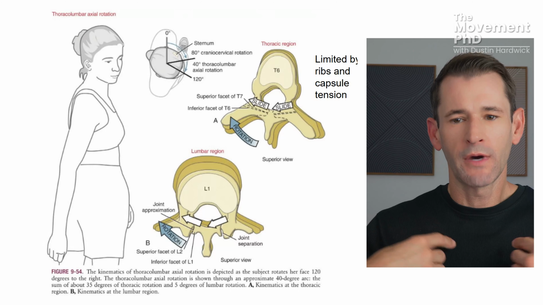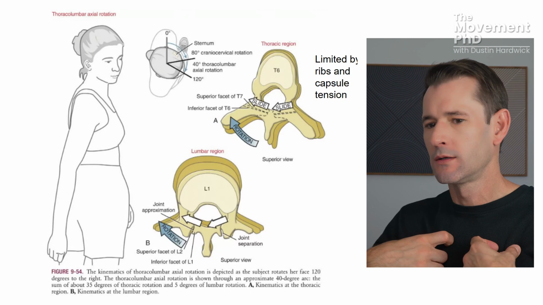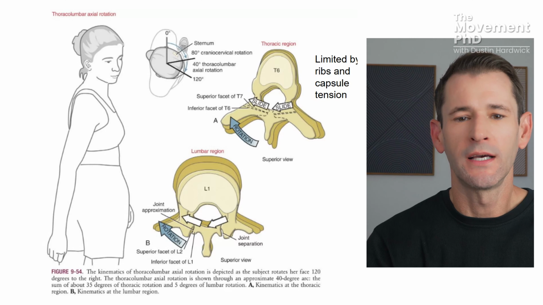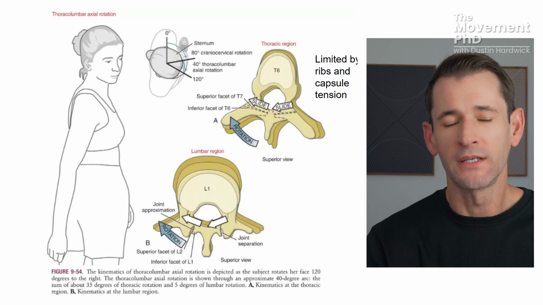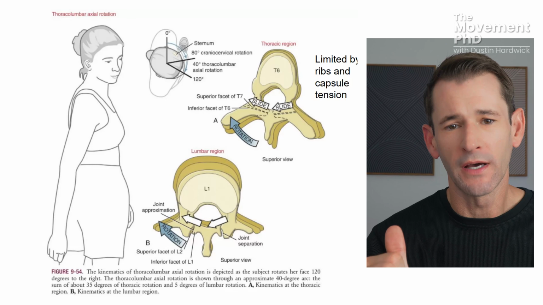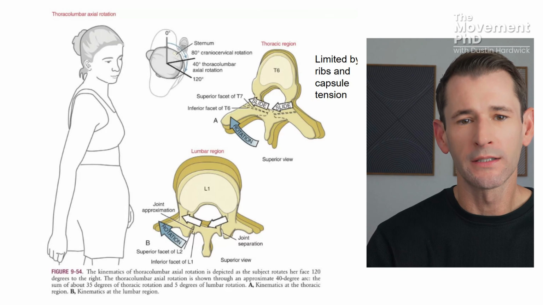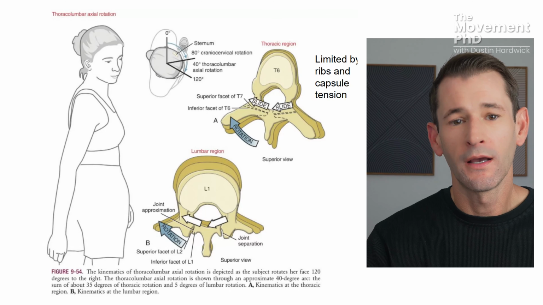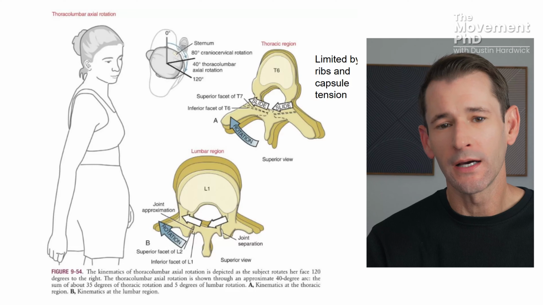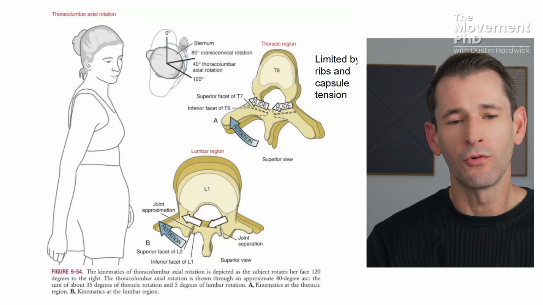As I rotate my body to the right, the spinous process is going to go left because it's on the posterior part of that vertebra. Therefore, the facets on the left side are going to be compressed or approximated, and the facets on the right side are going to be separated or distracted.